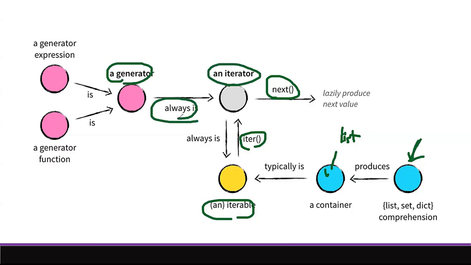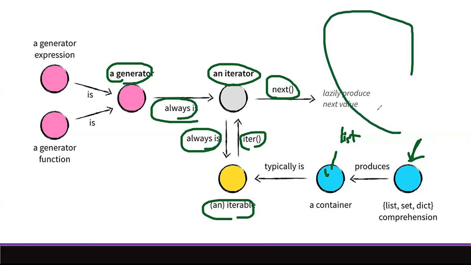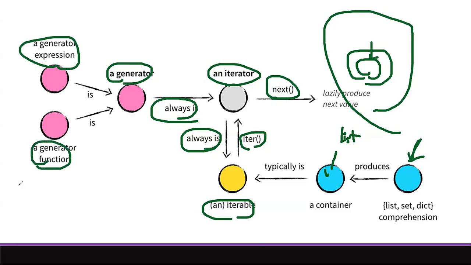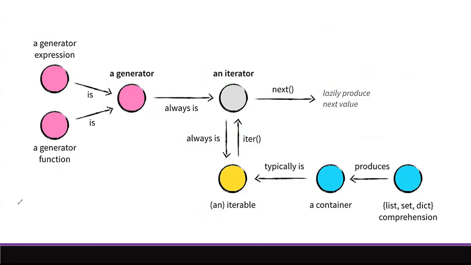So it's always an is-a relationship: an iterator is always iterable. Iterable is bigger, iterator is here, generator is here, using a function to generate it. A generator can create a sequence of data, and you can have a generator expression or a generator function. So this chart tells you what is iterable, what is iterator, what is generator.